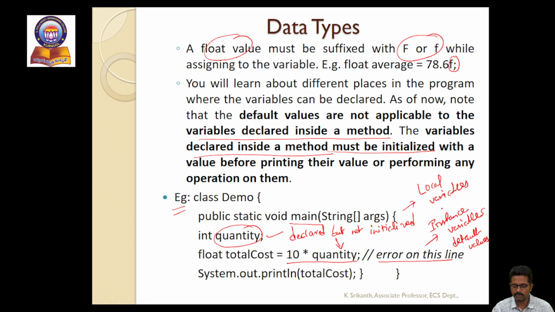And the local variables are part of a method, the variables declared in the method, right? For these variables there are no default values, and you have to give some initial value to them. In this example it is very clear that quantity doesn't have any initial value, and you want to perform a multiplication operation with 10, and the quantity value isn't known to the compiler. So that's why we get an error that quantity is uninitialized.